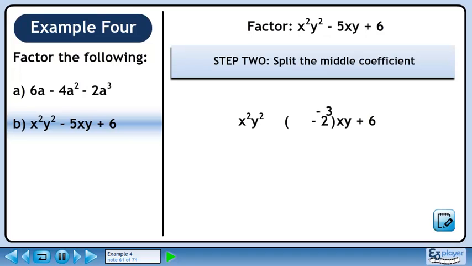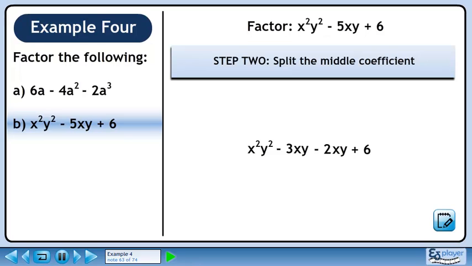Minus 3 times xy is minus 3xy. Minus 2 times xy is minus 2xy. The four-term polynomial is x squared y squared minus 3xy minus 2xy plus 6.